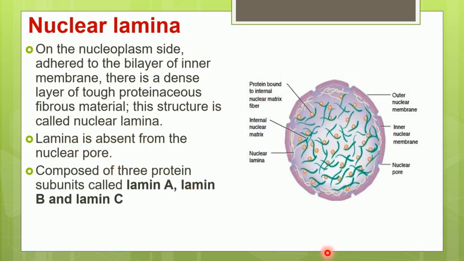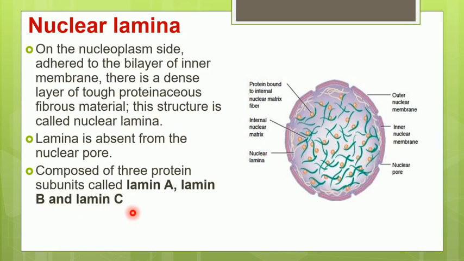Now if we see the chemical composition, this nuclear lamina is made up of 3 protein subunits called as lamin A protein, lamin B and lamin C protein. So remember, nuclear lamina is a layer which is present alongside the nuclear envelope and it is made up of 3 protein subunits, that is lamin A, lamin B and lamin C proteins.